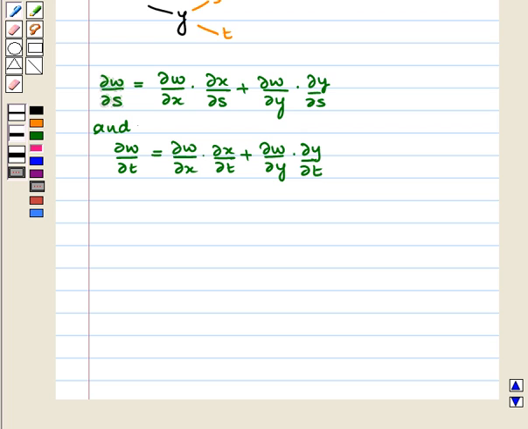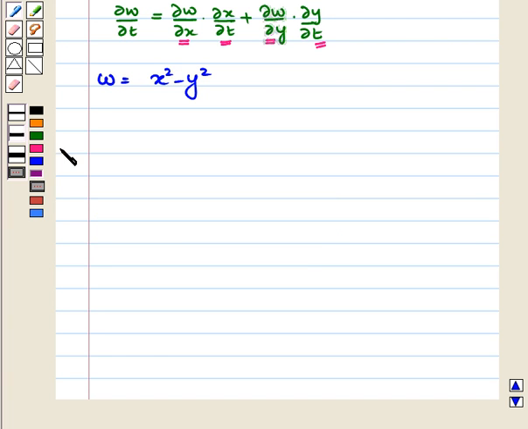So first we have to find the partial derivatives ∂W/∂x, ∂W/∂y, ∂x/∂S, ∂x/∂T, ∂y/∂S, ∂y/∂T. Now W is equal to x squared minus y squared.